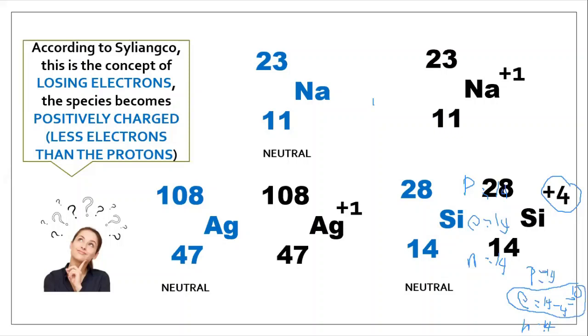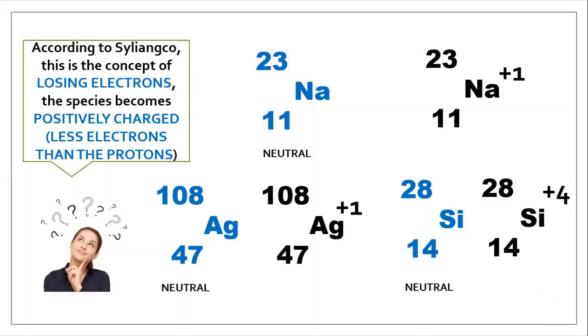Ibig sabihin po, si silicon is positively charged by 4 ions kasi mas lamang ang protons niya, which is 14. Ang electrons niya ay nabawasan ng 4, naging 10 na lang. So that makes silicon positively charged ions or positively charged particle. Nakuha? Okay, ito po yung pinaka-main concept doon in losing electrons.